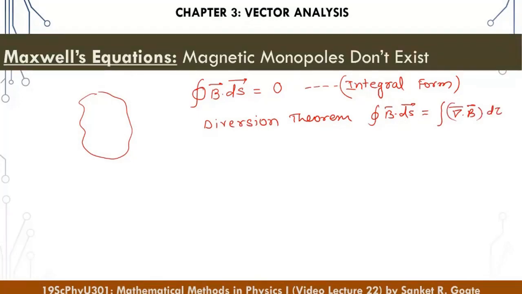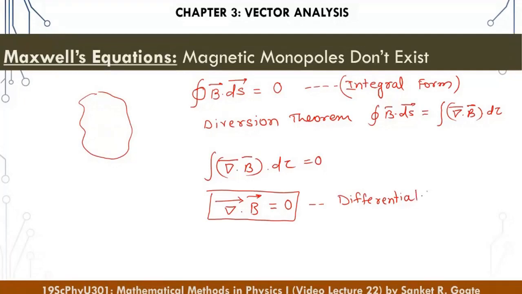Therefore this integral form of the second Maxwell's equation can be written as the integral of del dot B d tau equal to 0. And since we have 0 on the right hand side, we can write the differential form right away, which is del dot B is equal to 0.